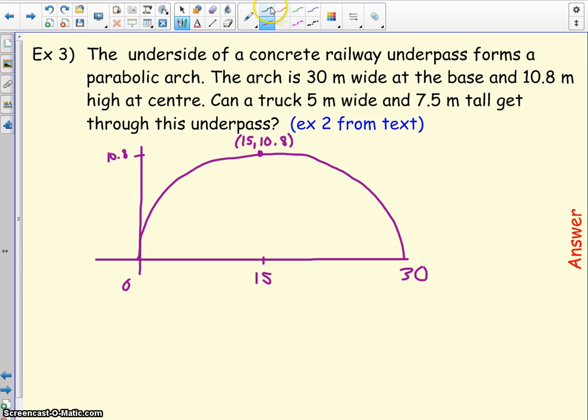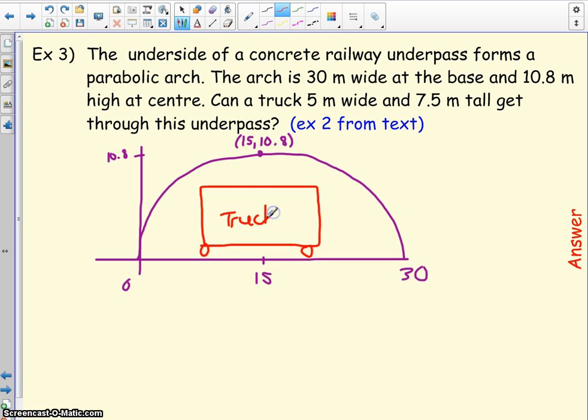Okay, so what I'm looking to see here is if the truck that's 5 meters wide and 7.5 meters tall can get through this. Now, assuming it can drive down the middle, we're going to just pretend there's no oncoming traffic as it gets through here. If it drives right down the middle, it's its best chance of fitting. Now, picture this as being a rear view of a truck, not my greatest drawing out there.